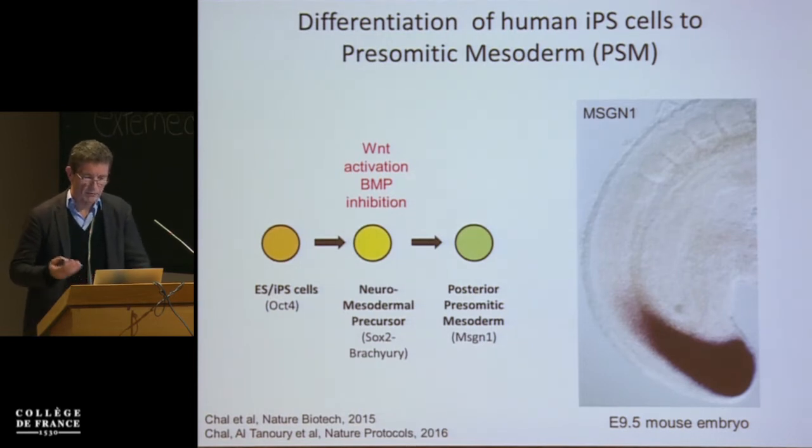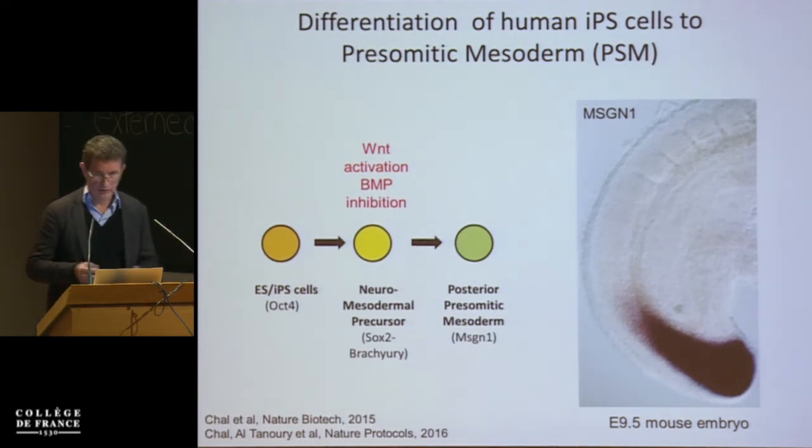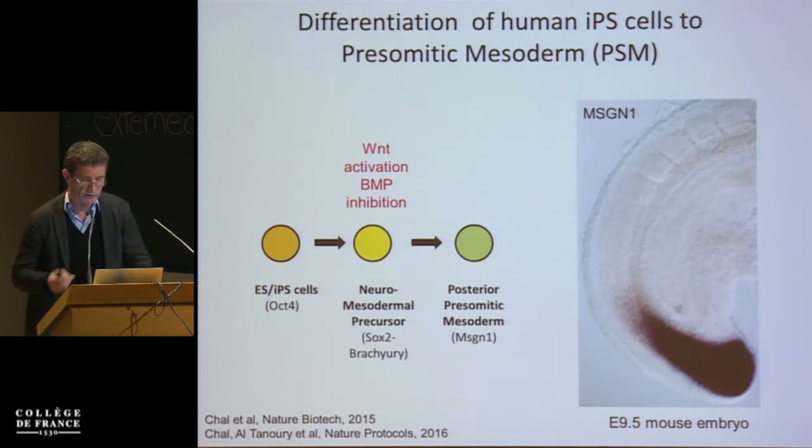That would first provide us with a great in vitro system to perform molecular experiments, but also would tell us about the embryology of human segmentation, on which nothing is known, because this takes place between 20 and 30 days, 3 to 4 weeks, so way too early in the human embryo, so there's essentially nothing known about this.